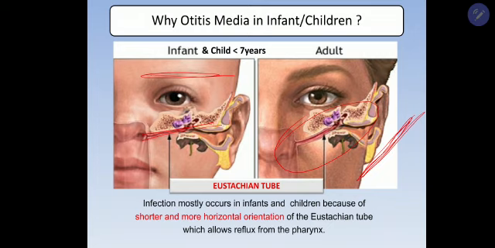It is shorter and horizontal in children, and longer and oblique in adults. This obliquity is a barrier that perhaps does not let infection ascend. But in pediatrics, because the disease is more common in the pediatric age group, that is one predisposing factor which is established all over.